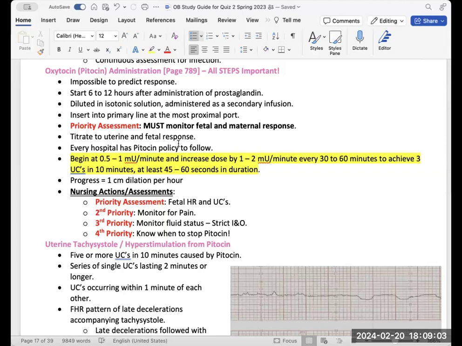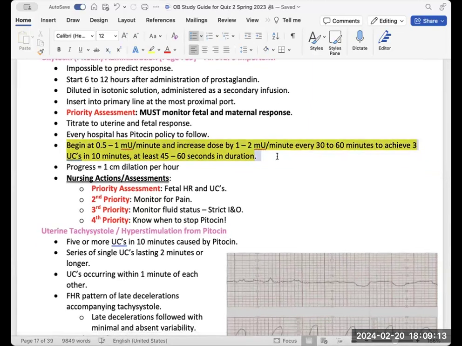I remember for her, when she had the exam, she did ask how much you give of the oxytocin, and it's basically this: you begin at 0.5 to 1 mU per minute, and increase the dose by 1 to 2 mU per minute every 30 to 60 minutes to achieve 3 uterine contractions in 10 minutes and at least 45 to 60 seconds in duration.